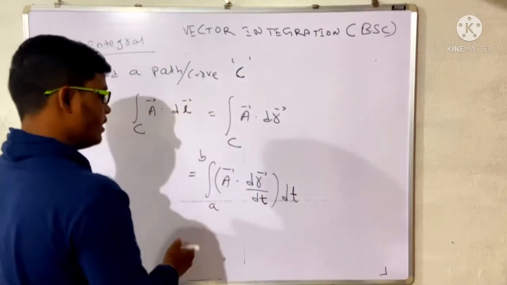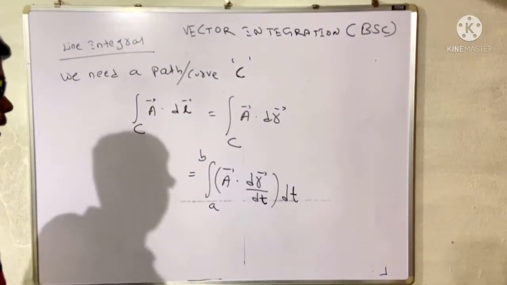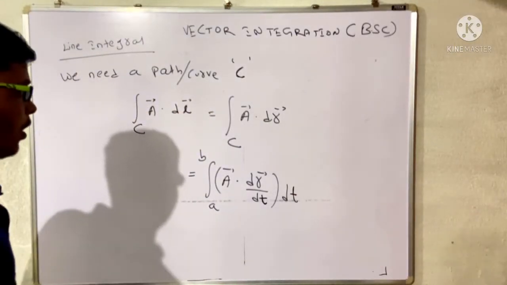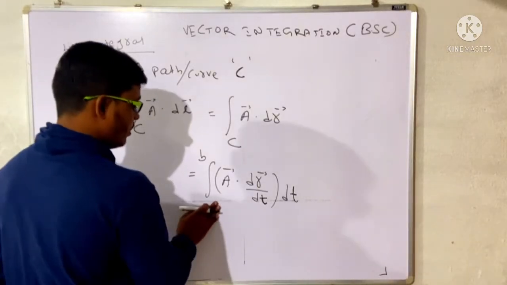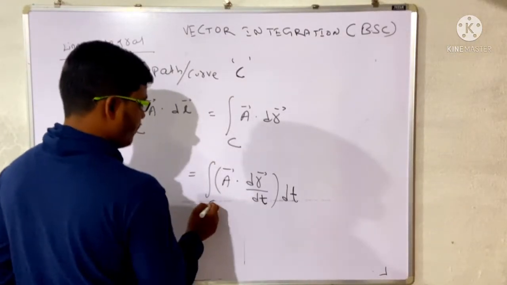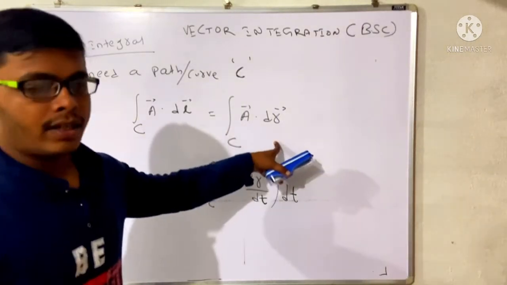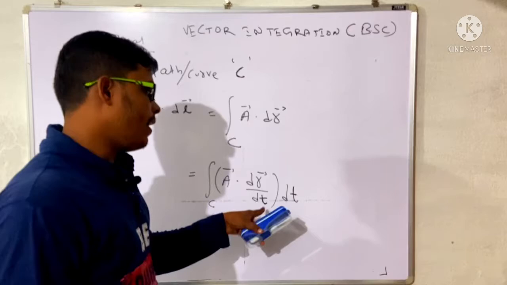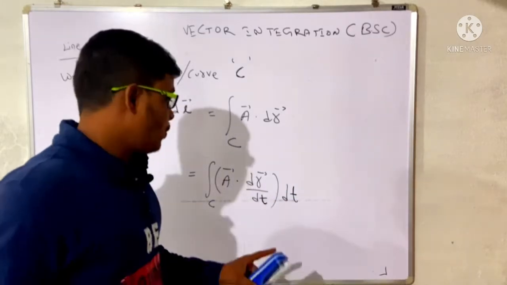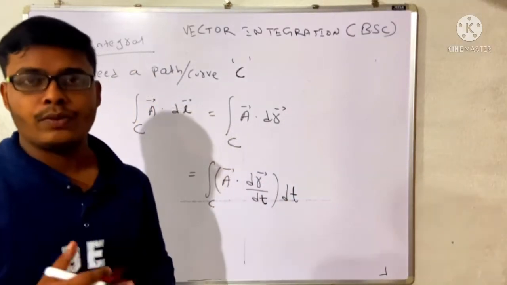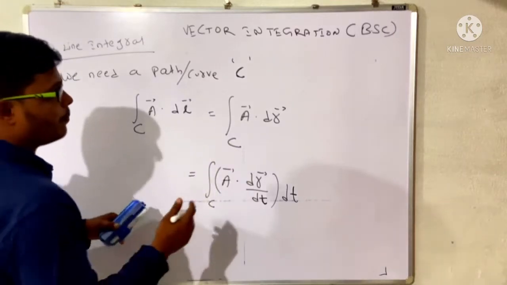What is A? A is the starting point and B is the ending point. But we need this curve C also. So this is another formula. We can write dl as dr by dt into dt; both are the line element, but in terms of time. So we need this r, that means we need this path. So what is the parameterization?